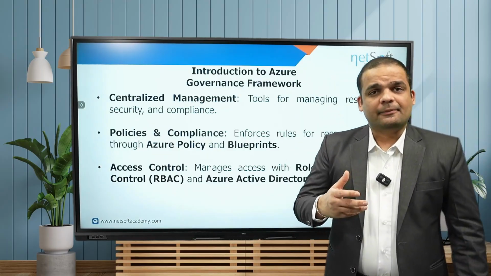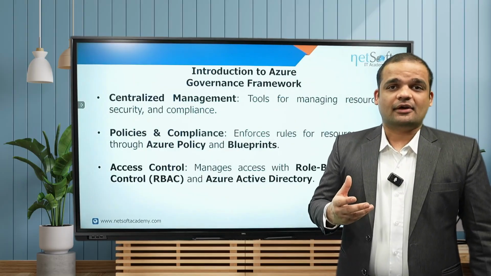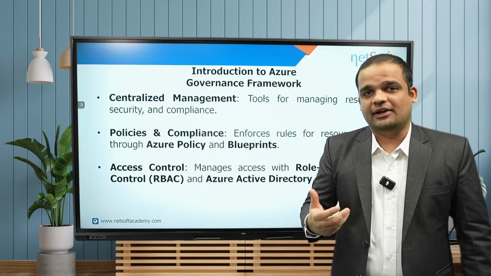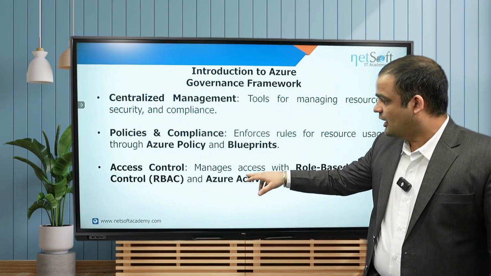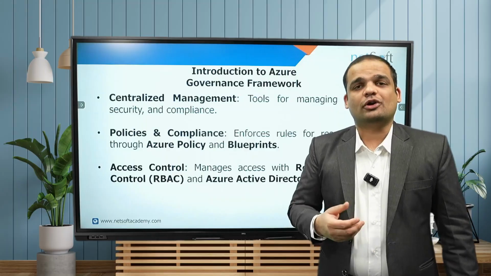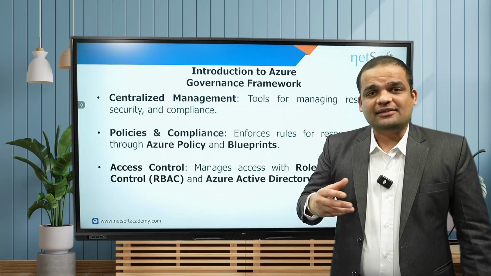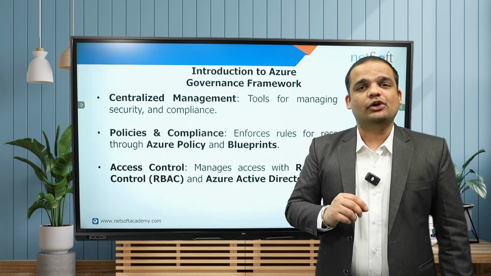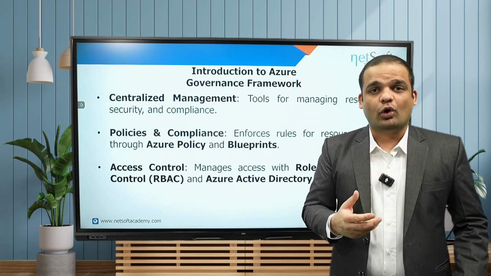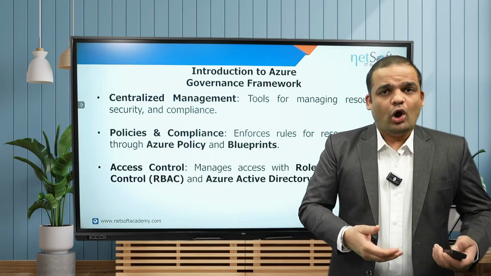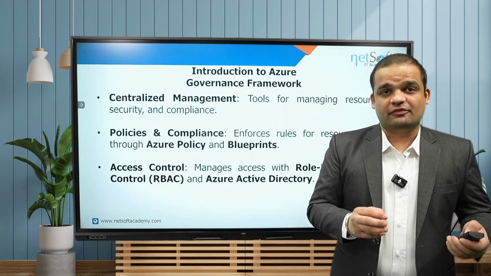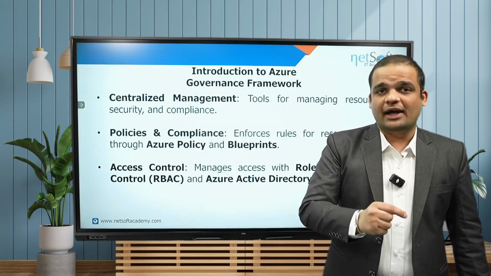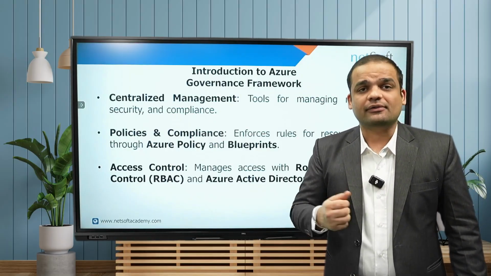When it comes to managing access, RBAC, role-based access control, and Entra ID, here it says Azure Active Directory. You can call it Entra ID now. These are very crucial. RBAC allows you to assign a specific role to a user or a group of users, and even service principals, ensuring granular control over who can access different resources.